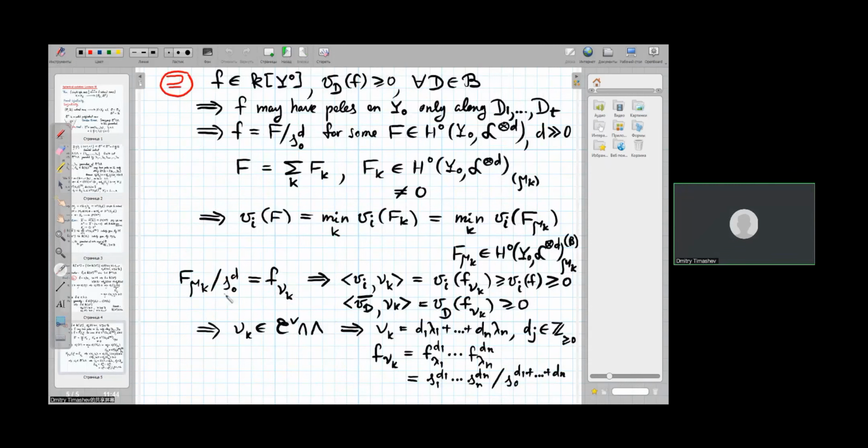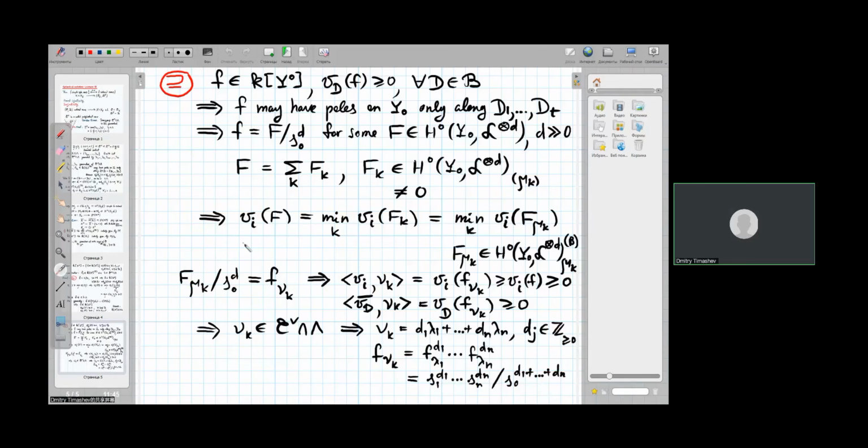Well, we would like to conclude that the numerator of this fraction coincides with the numerator of this fraction, and the denominator coincides with this denominator. Of course, we cannot state this explicitly.